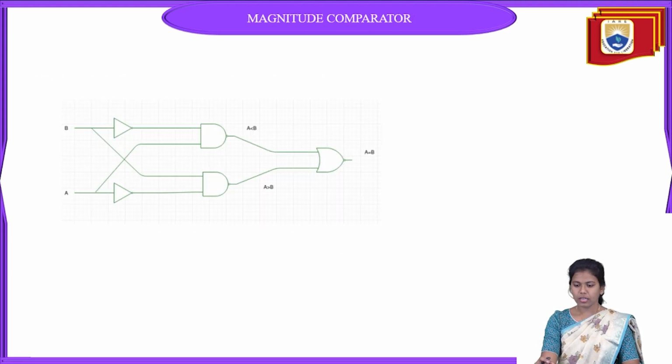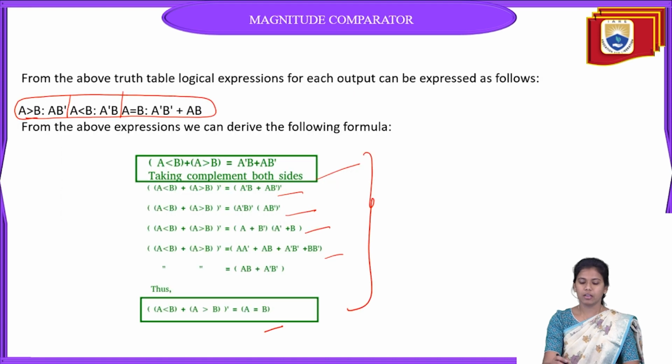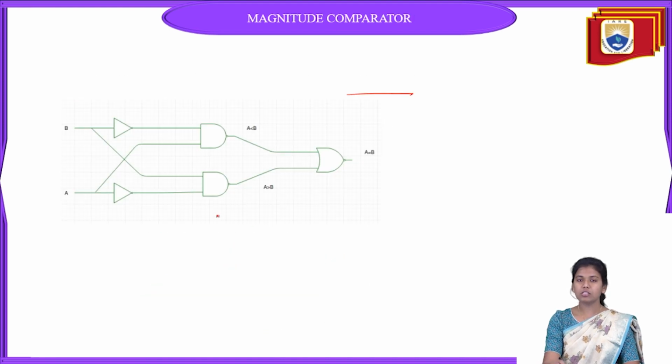Okay, coming to the next one. This is a logical circuit which we implement with respect to the Boolean expressions that we got in the previous slide. As per this, this is how we have to draw the circuit.